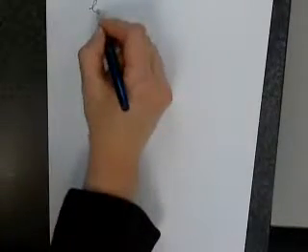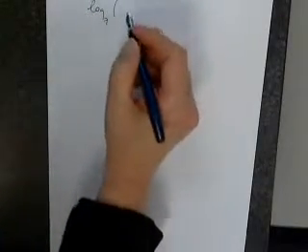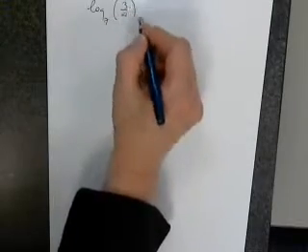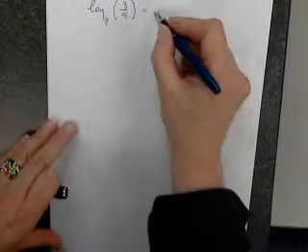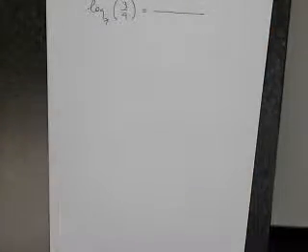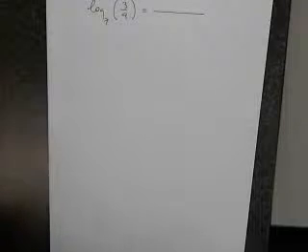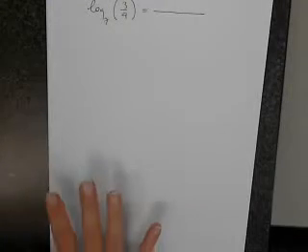Log base 7 of 3 over 4. This is a ratio of 2 logs. Now you choose which ones: common log, which is log, or natural log, which is ln. Okay, very good. So how do I write it?